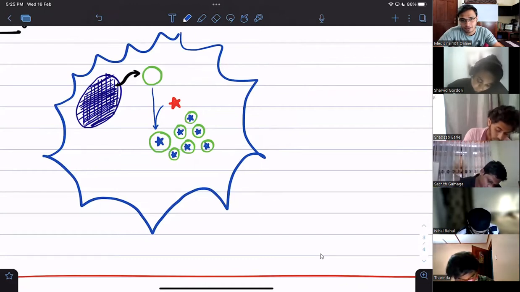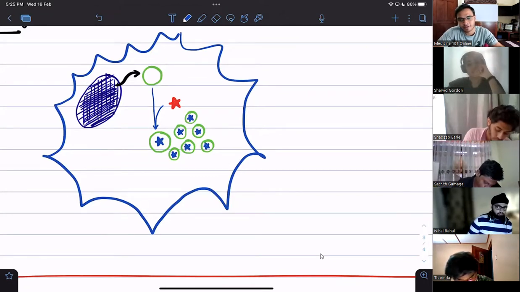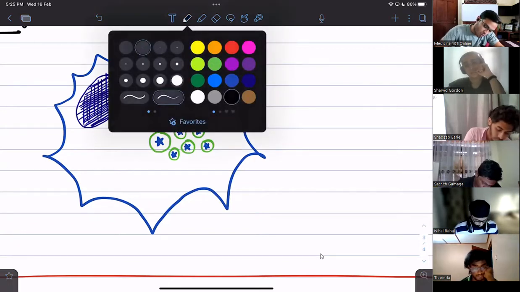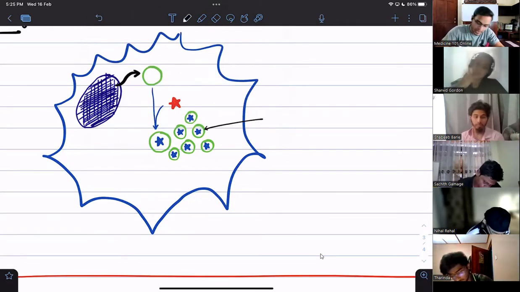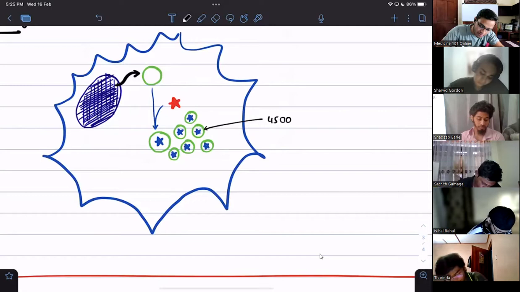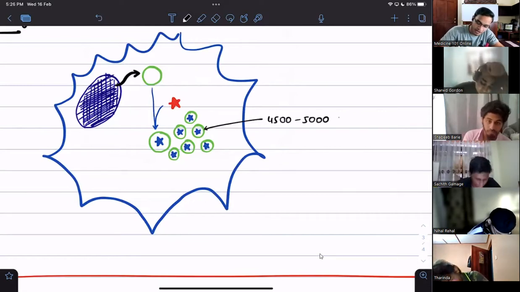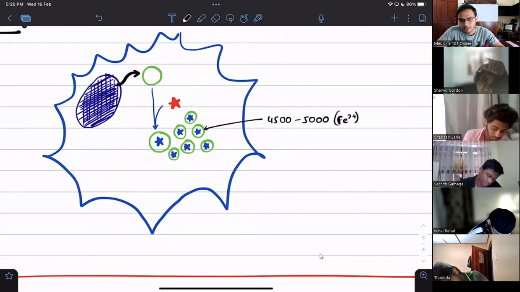I don't want you to get the wrong idea from my drawing, where I drew one star inside one circle. Actually, one molecule of ferritin can store up to 4,500 to 5,000 Fe ions in the Fe3+ form.